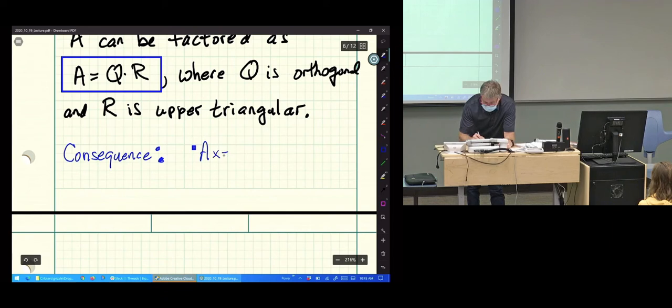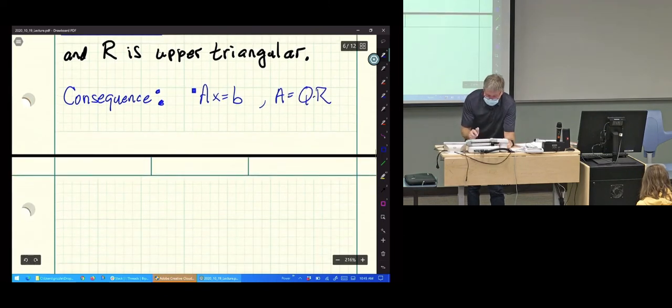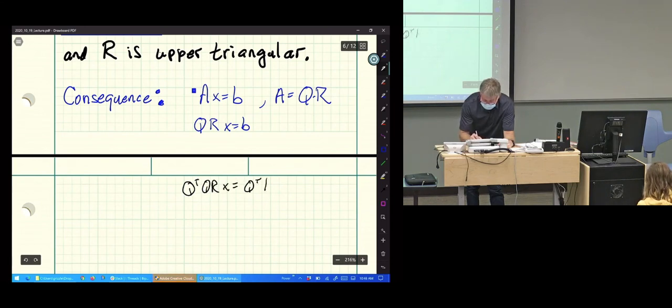So the consequence is, suppose I have AX equals B, and I know A looks like this. Well, that means QRX equals B. Then I multiply by Q transpose on both sides, and the reason I do that is because this is now the identity.